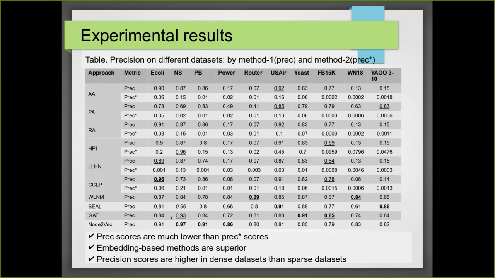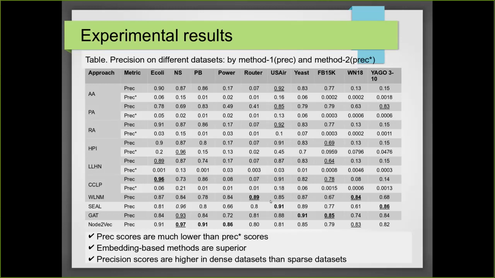We also see that the similarity-based methods show higher scores in some graphs, but in some graphs it is much lower. Like in this graph, Adamic-Adar shows only 0.07 precision, but in this graph it shows 0.9 precision. But the embedding-based methods show very good precision scores in all the graphs.